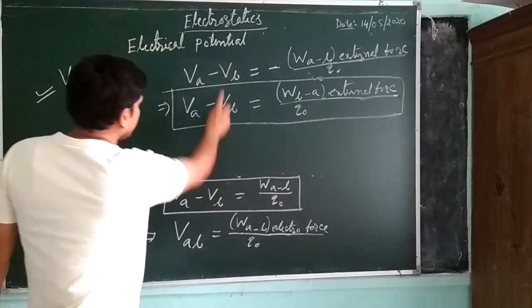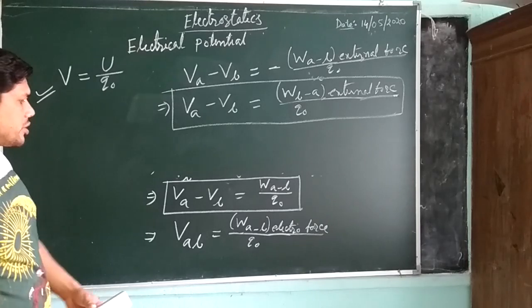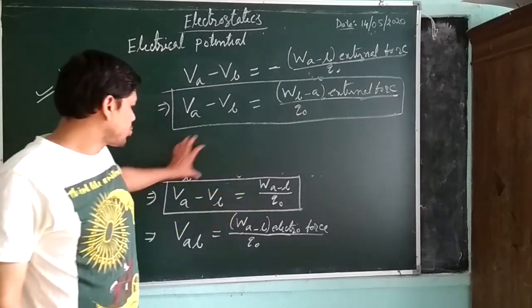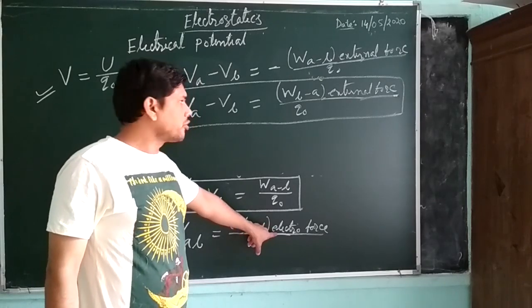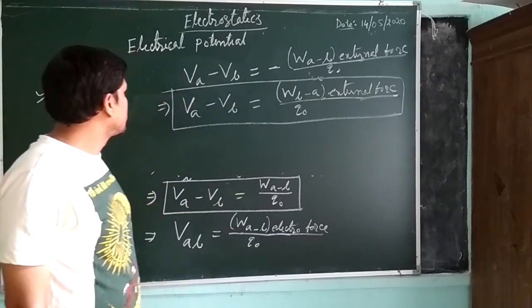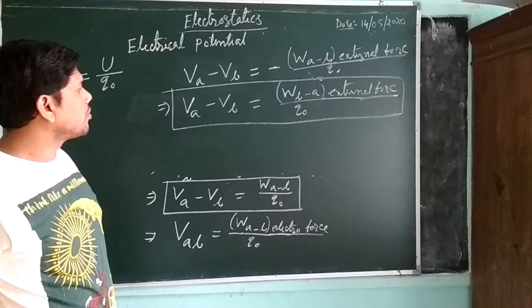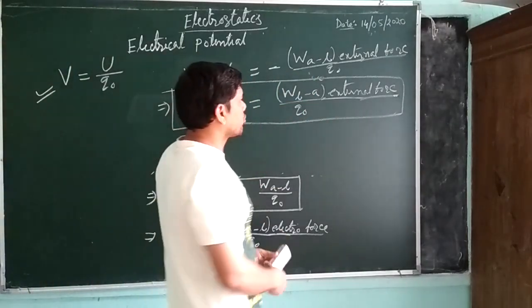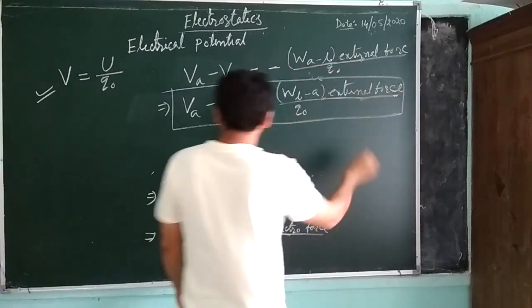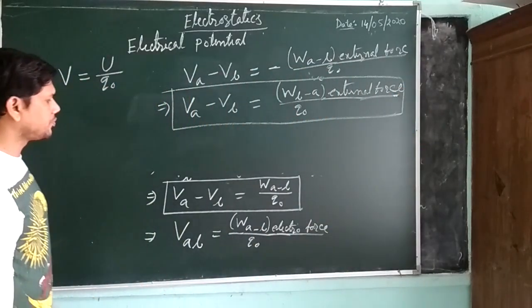So these are the two relations: one between potential difference and work done due to electrostatic force, and the other between potential difference between 2 points A and B and work done due to external force.